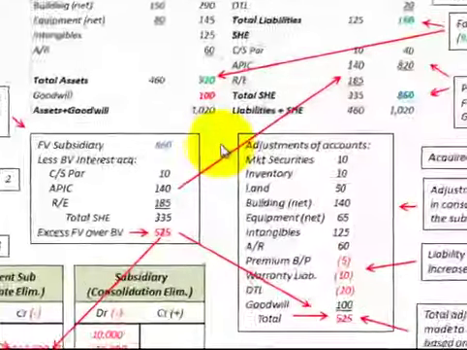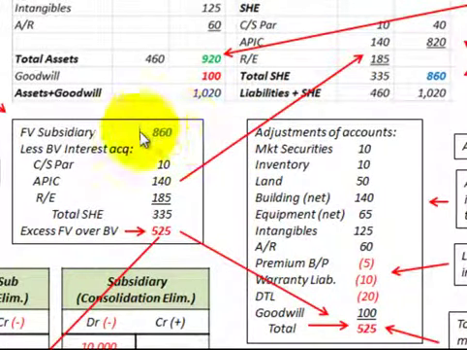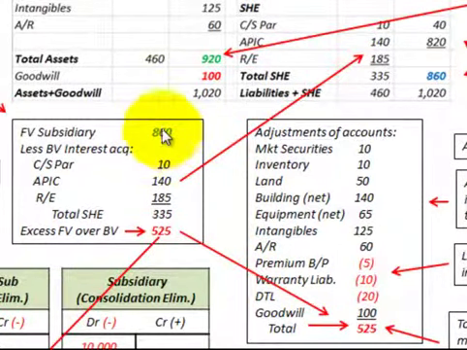Okay, so now looking at our distribution schedule, the fair value of the subsidiary was $860,000. That was the common stock that Corporation A issued to Corporation B in acquiring Corporation B, and then we take less the book value of Corporation B's total shareholders' equity shown up here on their balance sheet.